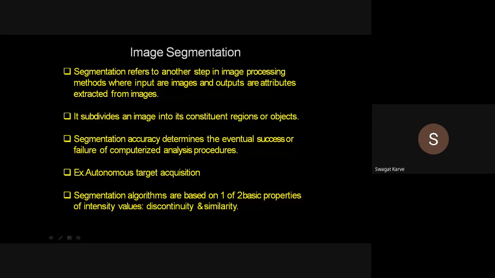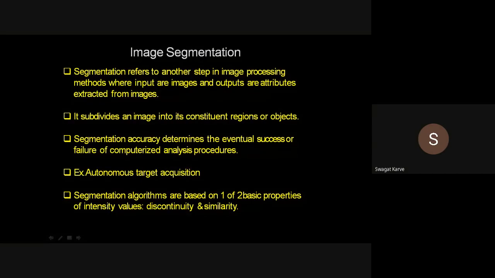That means image segmentation comes under mid-level image processing, or you can simply say image analysis, right? Whereas image enhancement comes under the first type of image processing, that is low level image processing, or you can simply say image processing. Image segmentation comes under type 2, that is mid level image processing, where the input is an image and the output is some attributes that you have extracted from the image, or simply some information from that image.